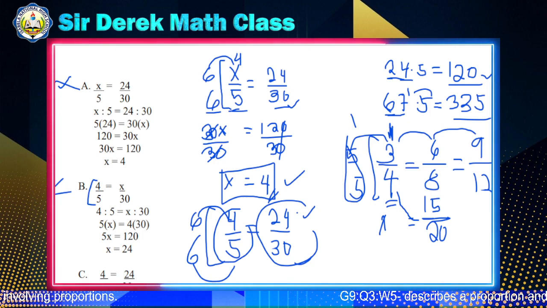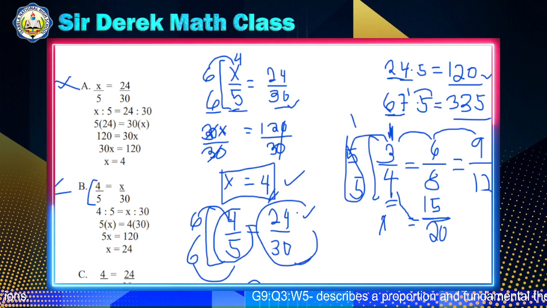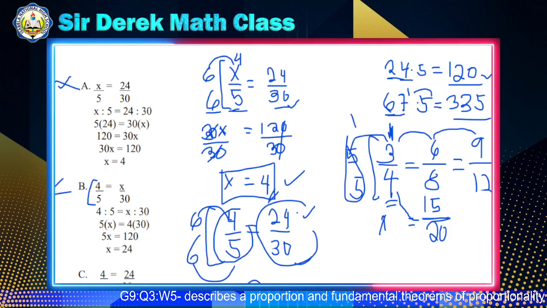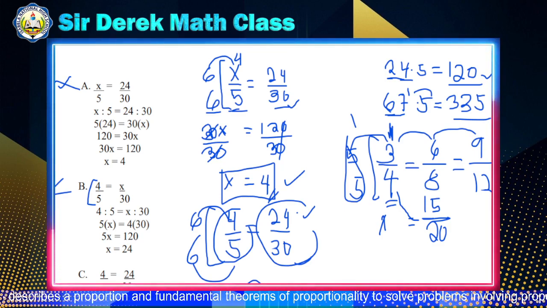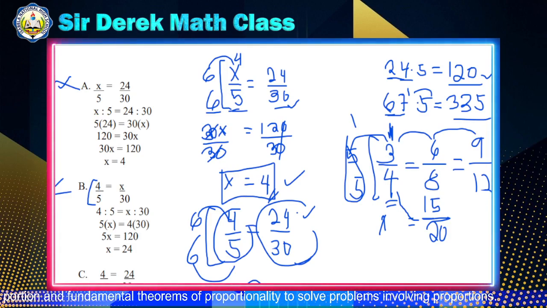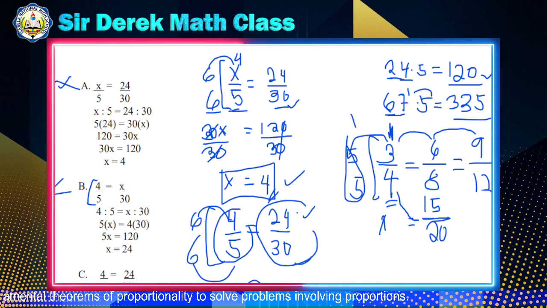Paano? Let us do first the cross multiplication. Okay? So, sa cross multiplication, laging nauuna yung ito, di ba? 4 times 30. And take note, that is 120. Okay? So, 5 times x. 5 ba ito? 5 times x, tama. That is 5x.